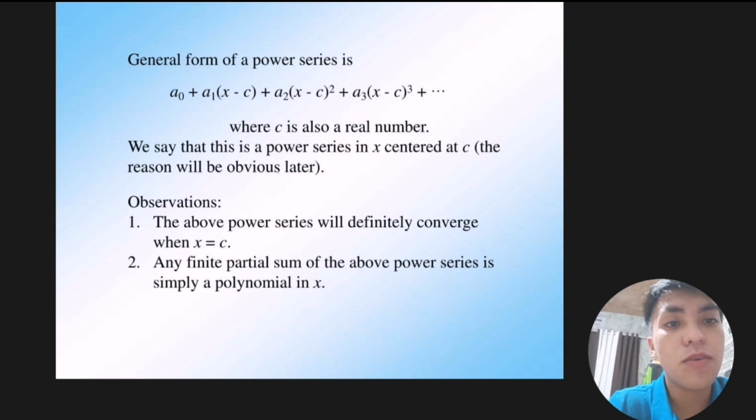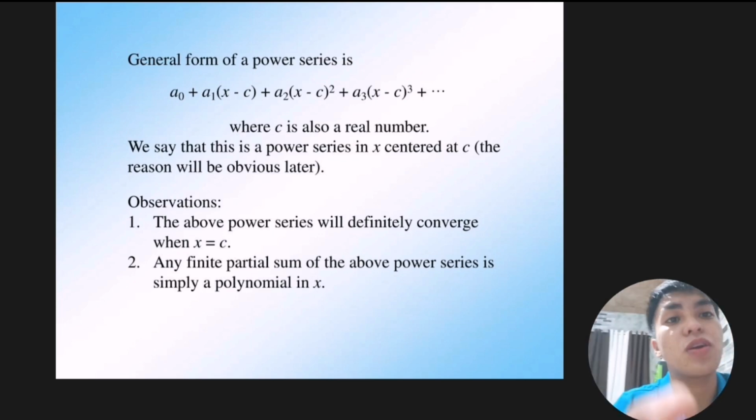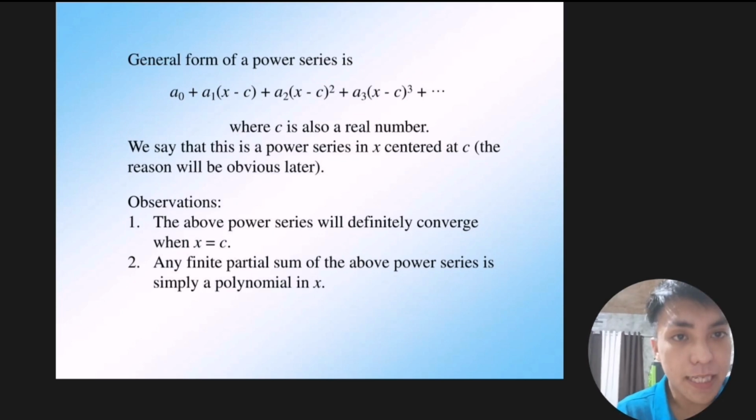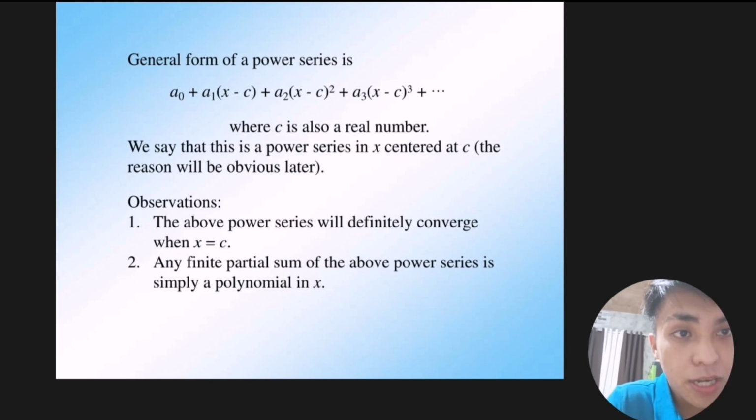Our focus is to know how to solve power series and their representation of functions, or functions to power series. An observation about this general form is that the above power series will definitely converge when x is equal to c.